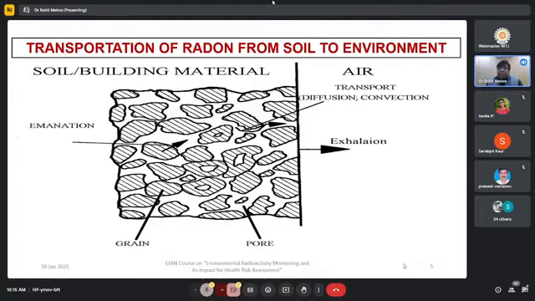In my previous lecture, I discussed the basic action level as per the WHO guidelines for radon in the building materials, which is 100 to 300 becquerel per meter cube. Now, 100 to 300 becquerel per meter cube means 100 is the action level for new constructions and 300 is the action level for old constructions.